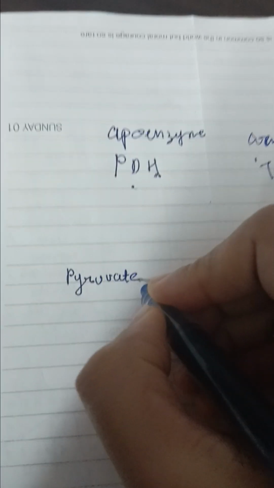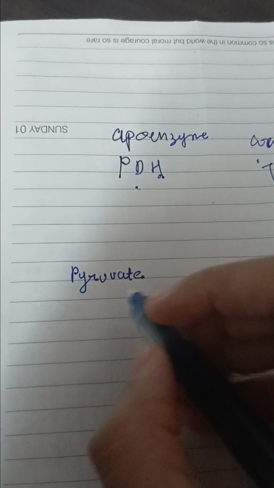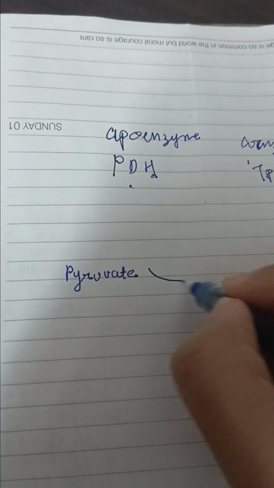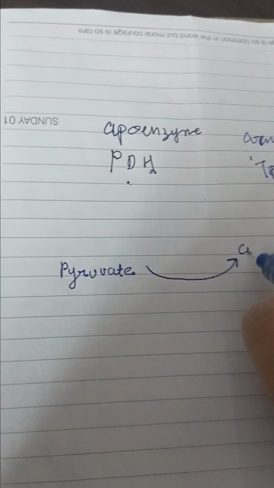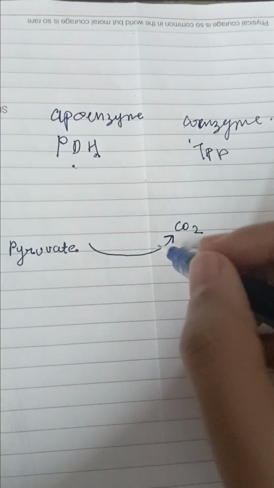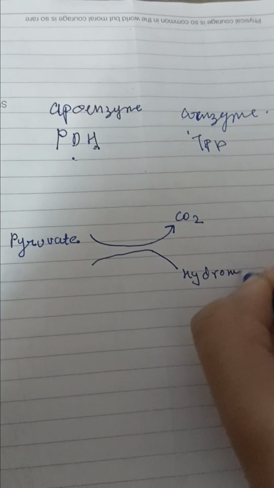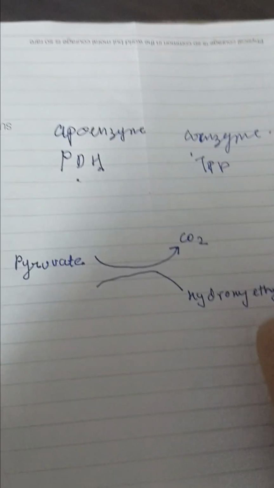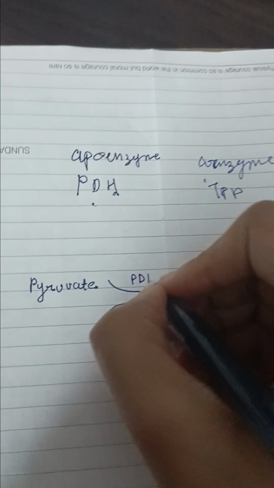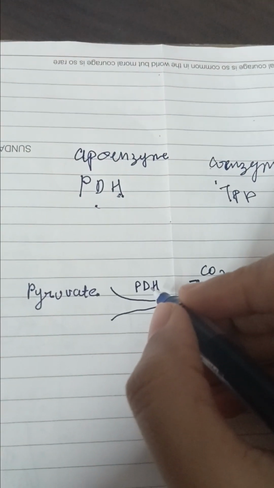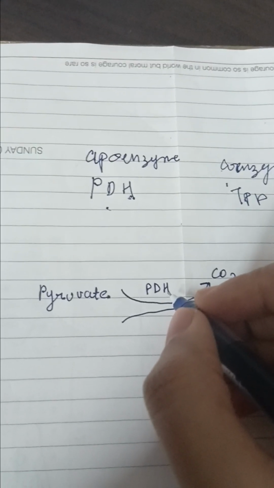So we have the pyruvate which is formed at the end of glycolysis, and then it will convert into carbon dioxide and a hydroxyethyl group in the presence of pyruvate dehydrogenase, but it is an apoenzyme, so it needs thiamine pyrophosphate.